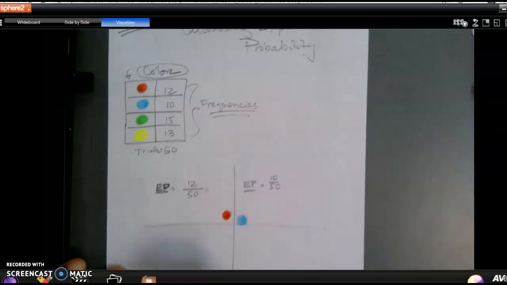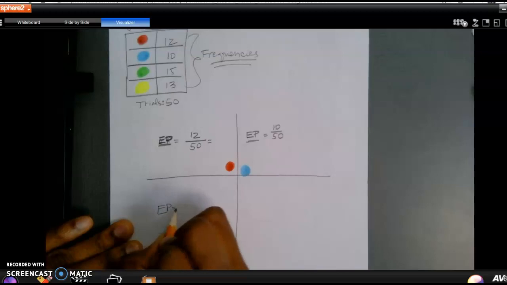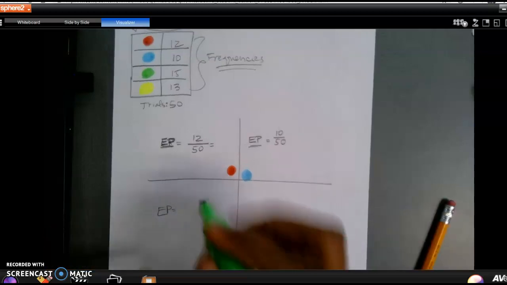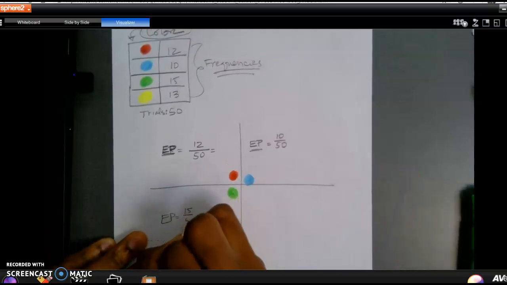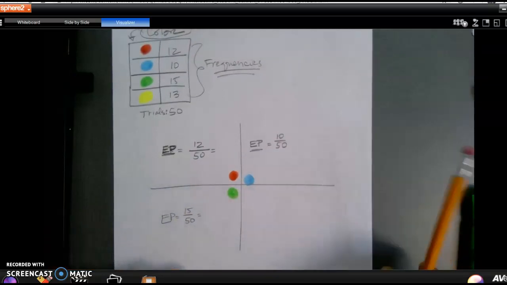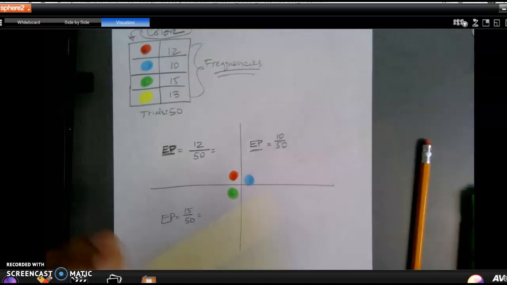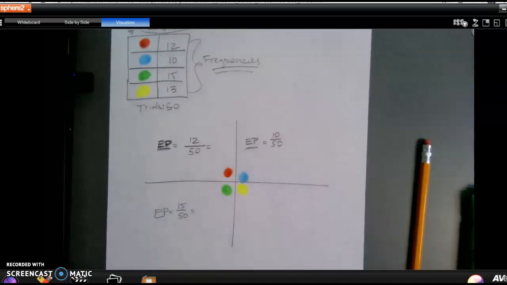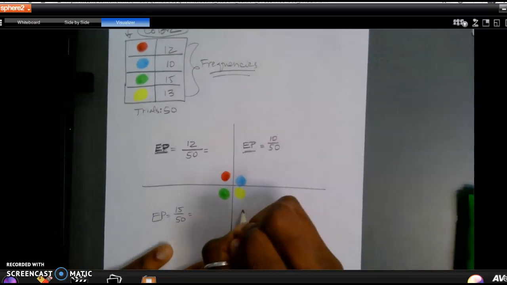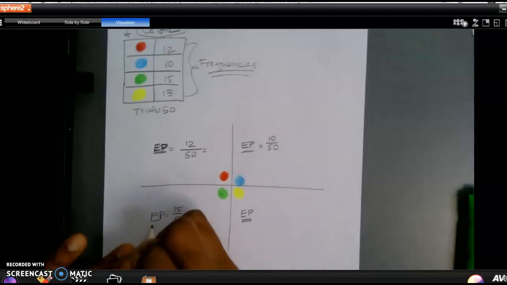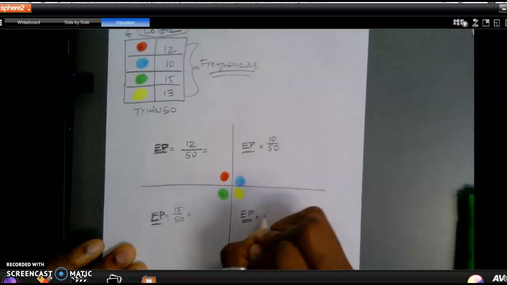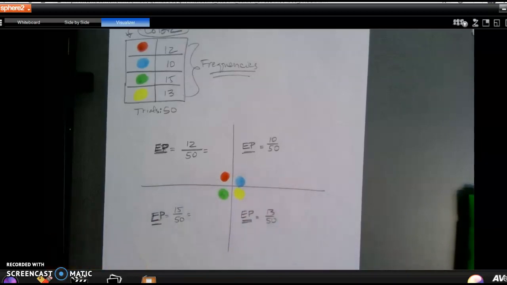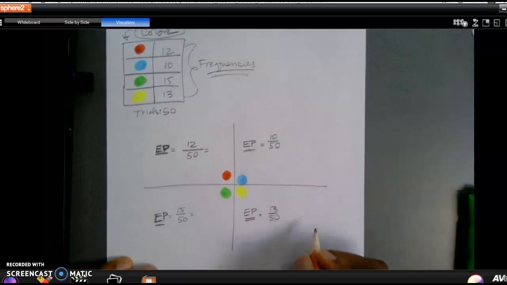We have the experimental probability of green as being 15 over 50, and we have our yellow as being 13 over 50.